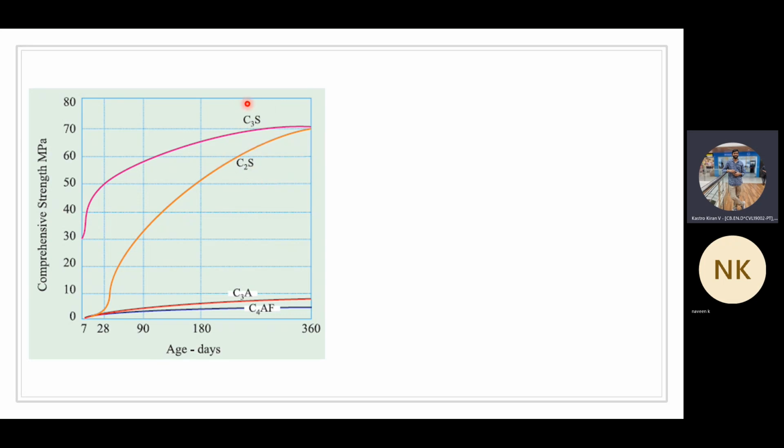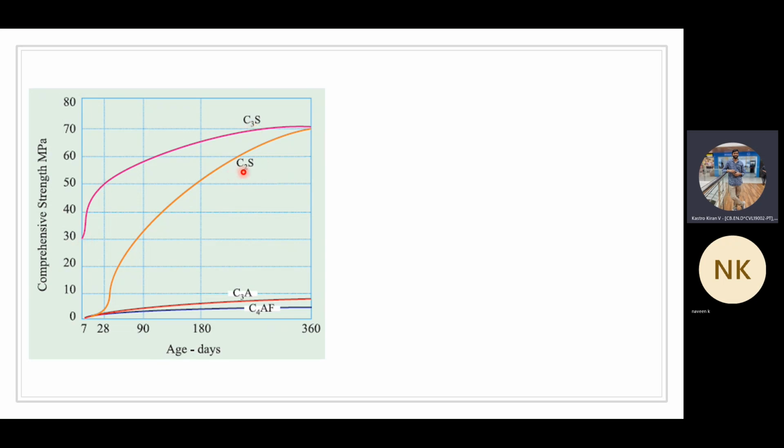That means whatever strength you get before 7 days is basically due to the C3S compound. You can see the graph here, it started before 7 days only, and it reached 30 megapascals of strength. That means the initial strength, before 7 days, is majorly because of the C3S.